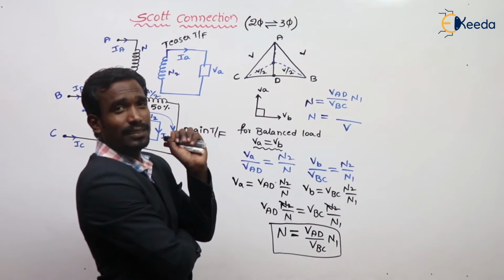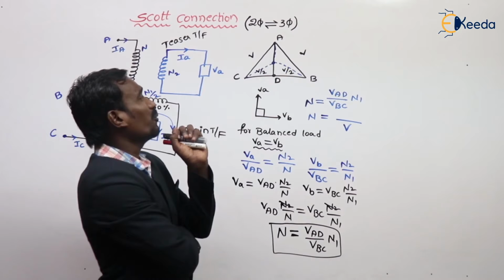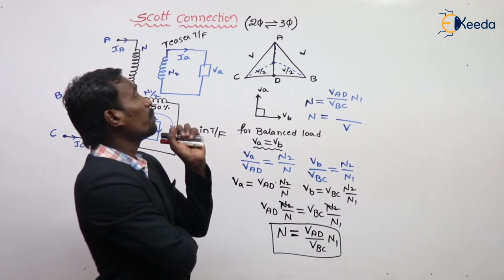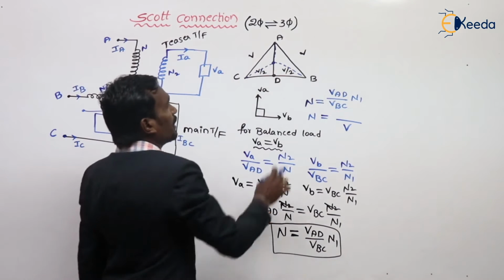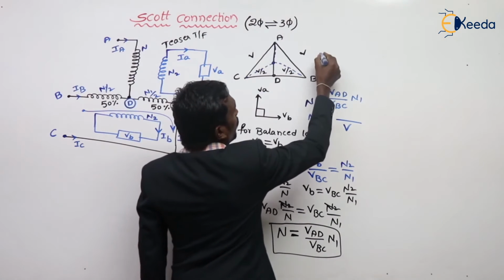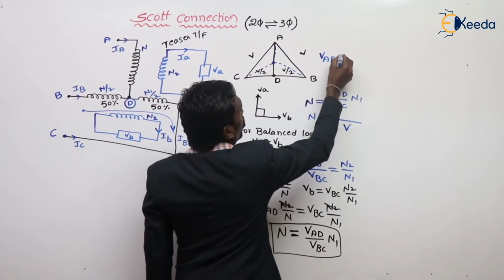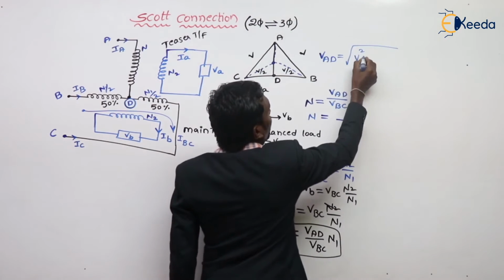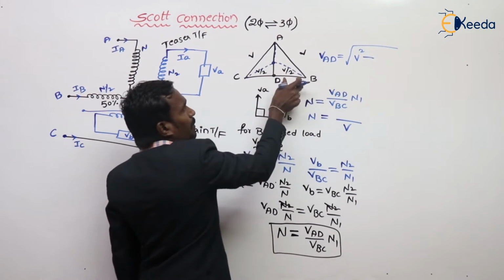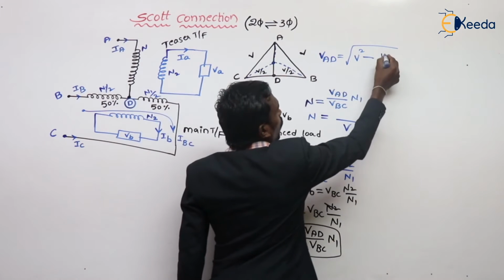According to Pythagoras, calculate VAD. This VAD is equal to the square root of V square minus (V by 2) whole square.